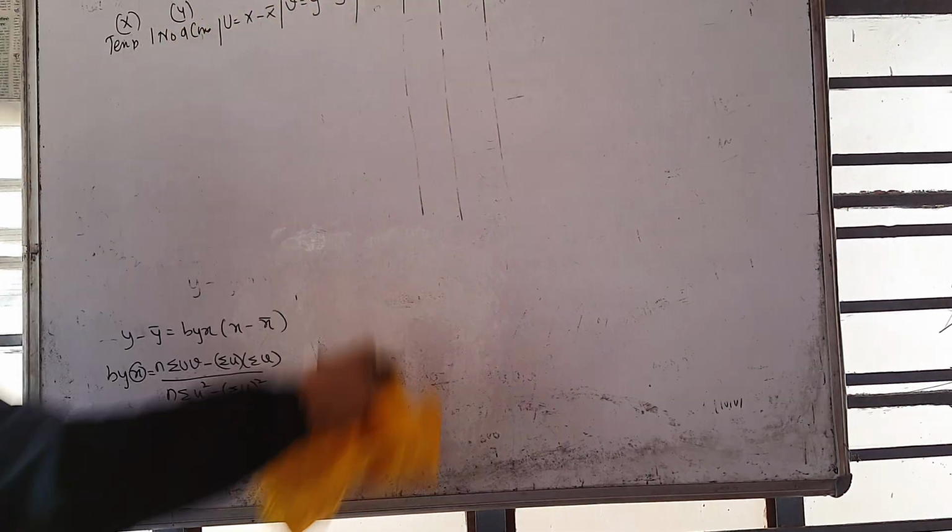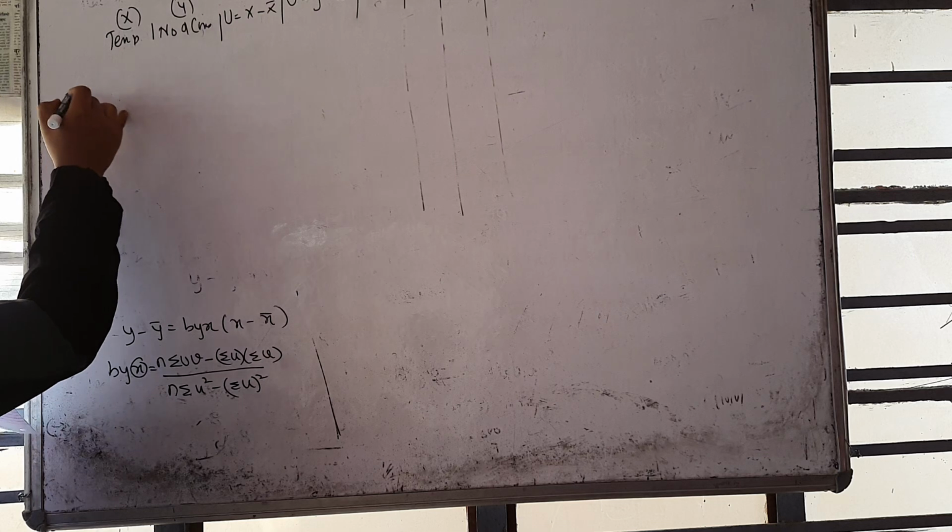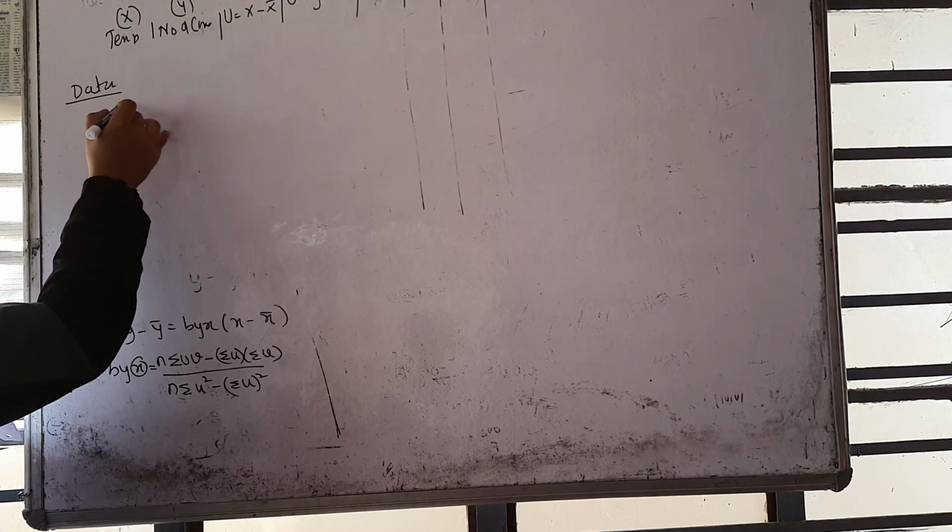But some of you might get confused, that's why I'm doing it. Is it clear? So what was given to us, everyone, was data.